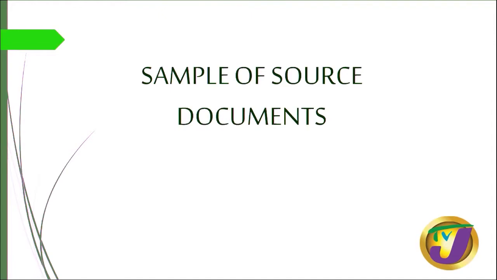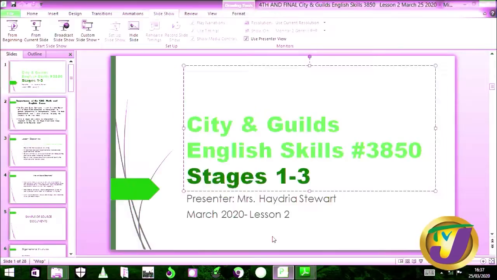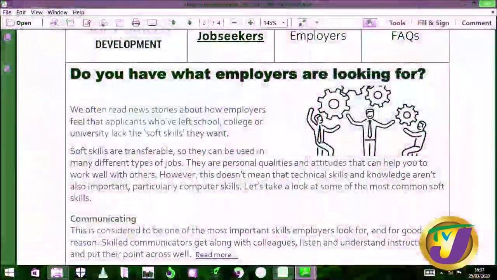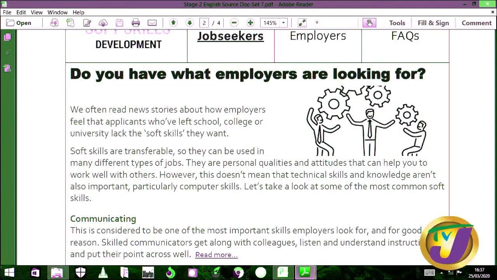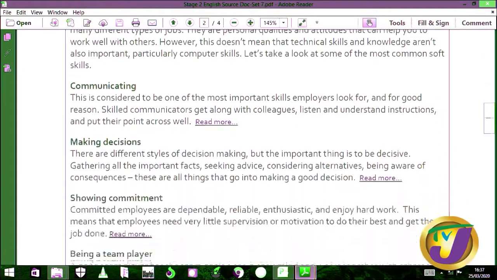Let's take a look at a sample source document. Okay, so we have a sample source document here on the screen. And it is entitled, Do You Have What Employers Are Looking For? And of course, as you look at the source document, you will see the image at the top.